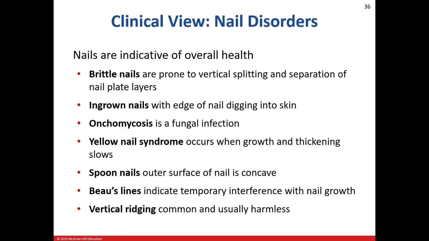Brittle nails tend to be prone to vertical splitting and the separation of the nail plate layers. Ingrown nails typically are where the edge of the nail actually digs into the skin. You'll often see this either with damage to the nail, or more commonly, people that dig or pick or cut their nails too short on the sides.